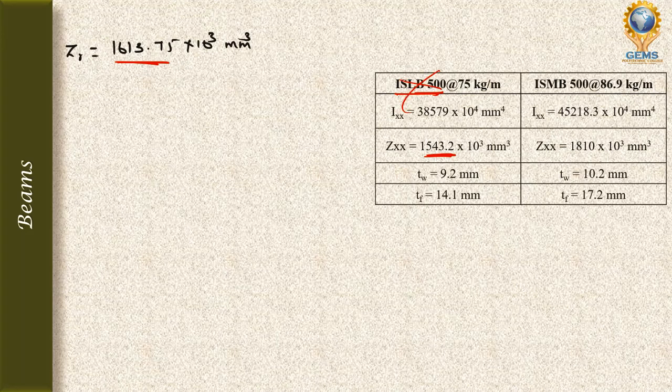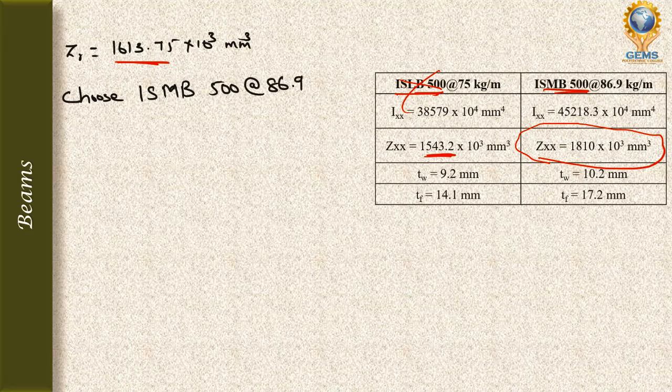But if you check with the ISMB 500, the available is greater than the required, so we can go with the ISMB 500 at 86.9 kg per meter.